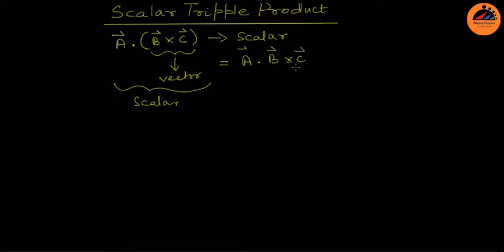You have to do this cross product first, because if you do A dot B first, then this becomes a scalar, right? With a scalar you can't take a cross product with a vector. This does not mean anything. Okay, you can't do it like this. You have to do it in this way.